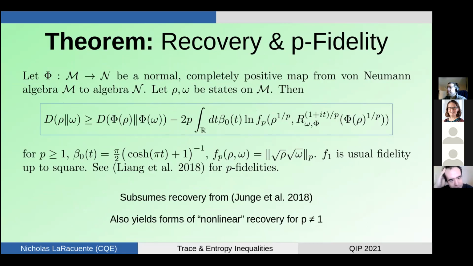I think there's an analogy to be made: as you take p higher, these p quantities are more sensitive to larger eigenvalues, or larger singular values, versus the number of non-zero singular values. You can get a bit of intuition for this by looking at how this would look with finite dimensional vectors. Okay, thanks.